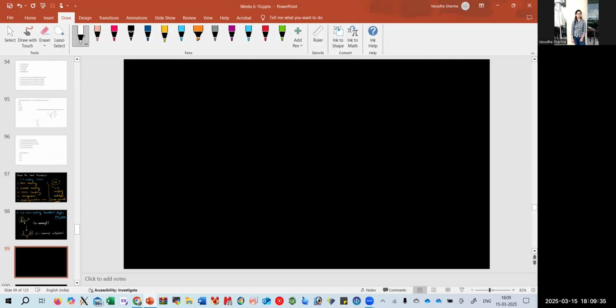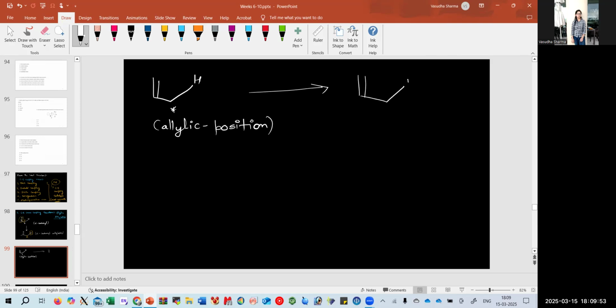Similarly, if I have an allylic position, and here we want to introduce an alkyl group, it would be replaced by R. This is called allylic alkylation.